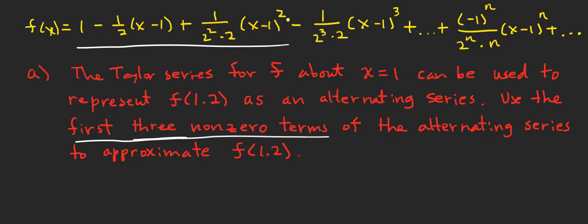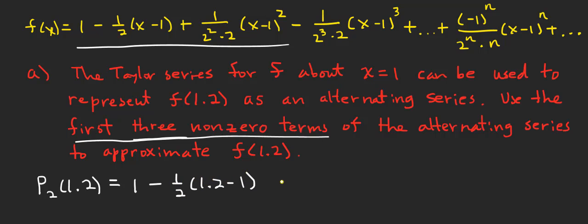And notice the degree is 2, so this is like p sub 2 of 1.2, which is 1 minus 1 over 2 times 1.2 minus 1 plus 1 over 2 squared times 2 times the quantity 1.2 minus 1 squared. So this will be the approximation of the actual value of f of 1.2.